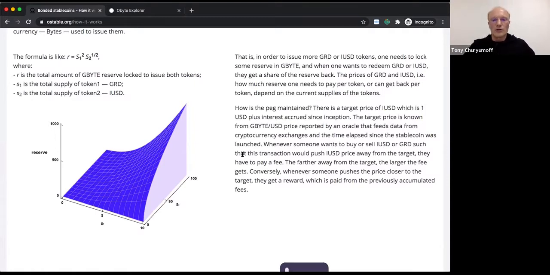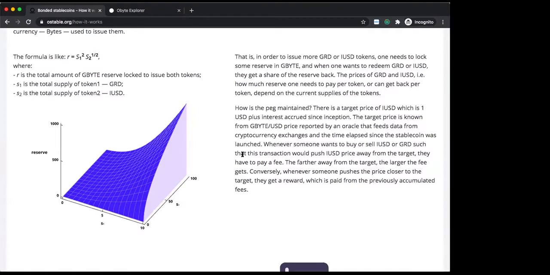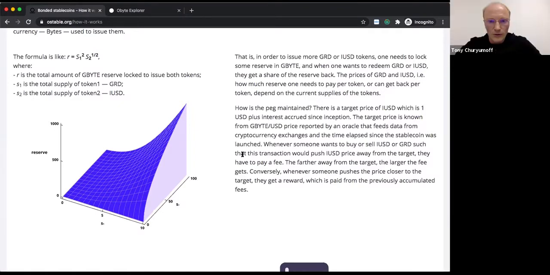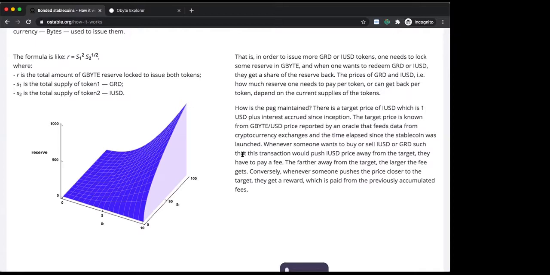Since we're on a two-dimensional bonding curve, we can change the supplies of both tokens in order to achieve the desired price. So we have some flexibility.